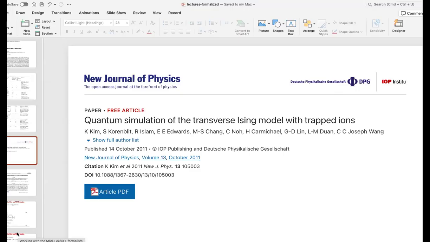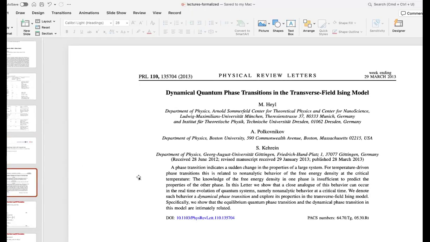Anyway, there are very good people. They did the study. It came out relatively recently, 2011. Anyway, that's just for telling you about this. It's volume 13 of New Journal of Physics, October 2011. You can look it up if you're interested.